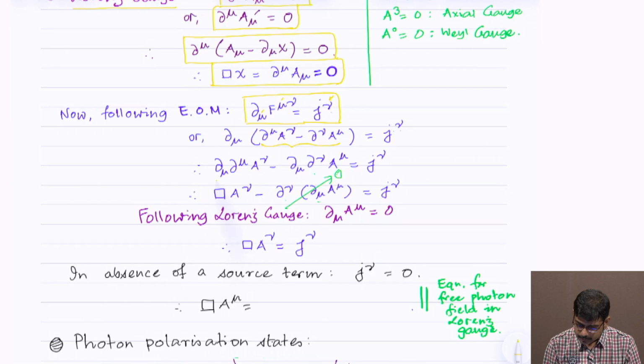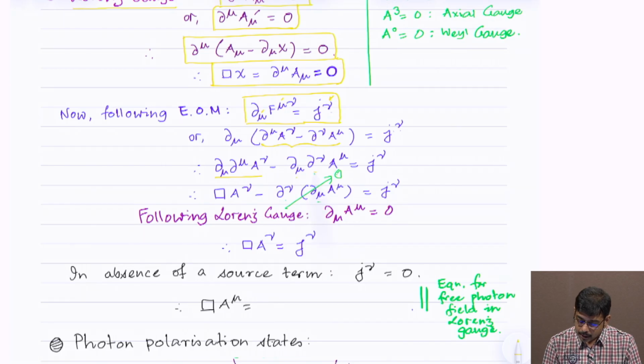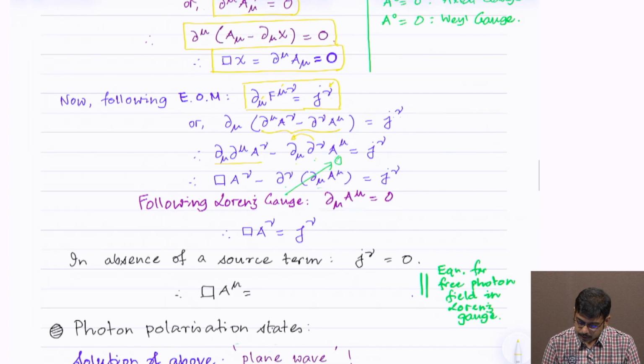So, that will give you ∂_μ ∂^μ A^ν and then ∂_μ ∂^ν A^μ. Now, you can basically take the ∂^ν outside, and this is what we do in the next step. The first term is ∂_μ ∂^μ A^ν, which is nothing but box of A^ν, right? The box operator is essentially ∂_μ ∂^μ, and the second term is ∂^ν ∂_μ A^μ, equal to j^ν.